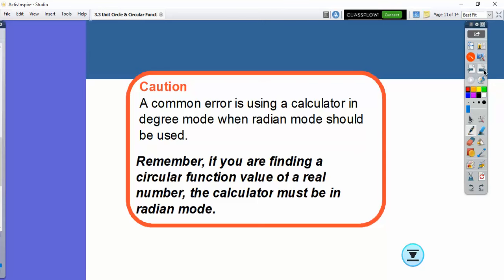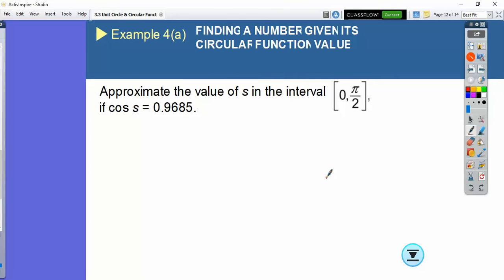Last ones that I want to look at. I want to find an angle between 0 and pi over 2. If you're between 0 and pi over 2, what quadrant is that? 1. Okay. If cosine of s is equal to 0.9685, when you want the angle, we have to move this cosine to the other side. How do we rewrite that? Not divided by cosine.